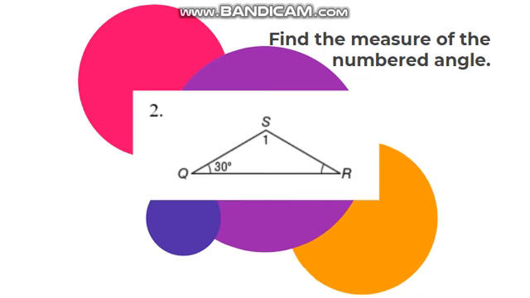For exercise number 2, we know that the measure of angle Q is 30 degrees, but this little arc is a mark of congruency so that we know Q and R are congruent. So to find angle S, we subtract 30 and 30 from 180. So we know that angle S is 120 degrees.